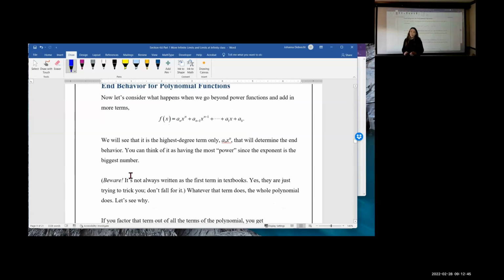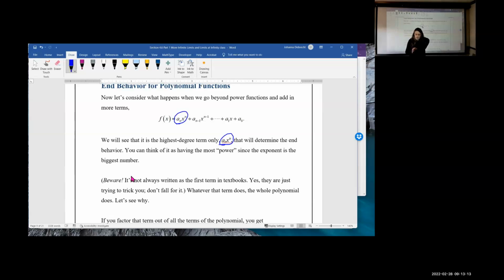Now, what happens if we add in more terms for the polynomial function and not just look at a power function? Well, it turns out that it's only the highest degree term that determines the end behavior. You can think of that highest degree term as having all the power. So the a_n x^n, the highest degree term in the polynomial function, is the one that determines the end behavior.